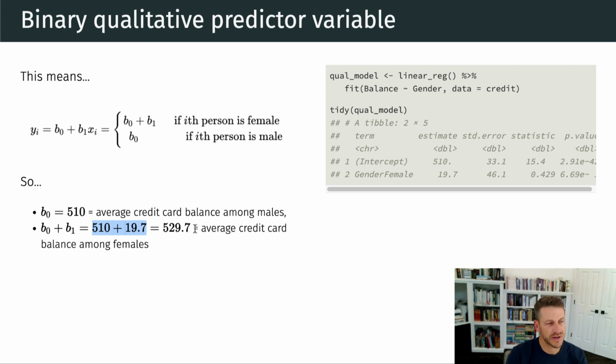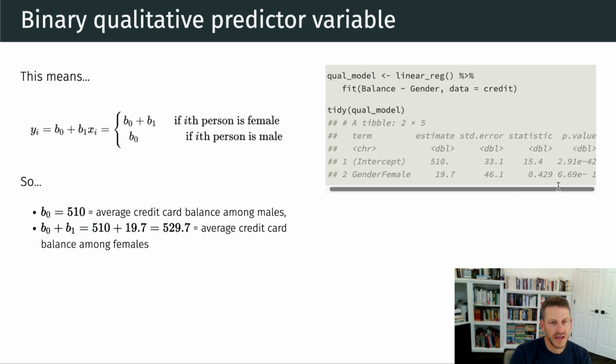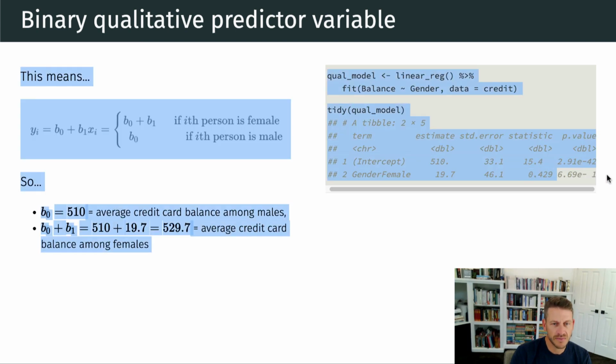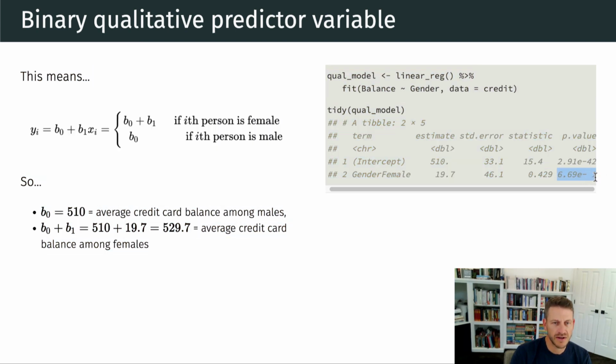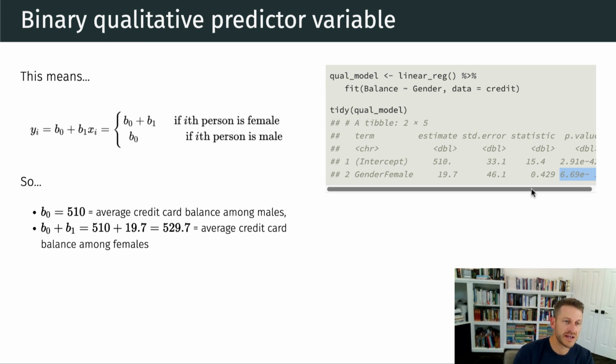That's the average credit card balance for females. Another thing, when we look at this table, if the p-value for this level is statistically significant, or very close to 0, then we can say that yes, the difference in the average balance carried by females compared to males is statistically different than 0.